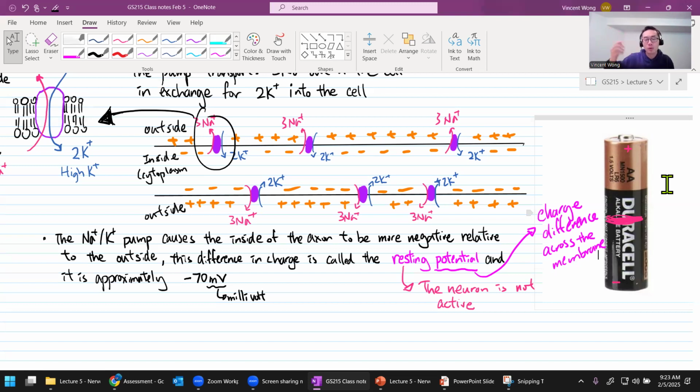When it changes, we will use different adjectives to describe the potential, just like room temperature or outdoor temperature. We're going to say resting potential, threshold potential, action potential. We have different adjectives in front of the word potential, but it's all the same. It's all about measuring the charge difference on the inside relative to the outside.